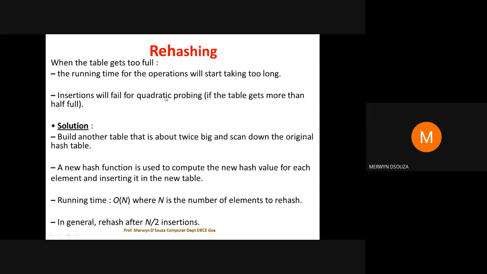At that time what you will do is build another table, which may be twice as big, and then scan down the original hash table, and use a new hash function to compute the new hash values for each element and insert it into the new table.